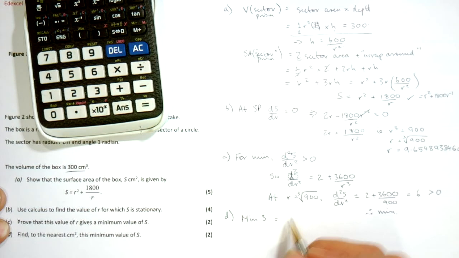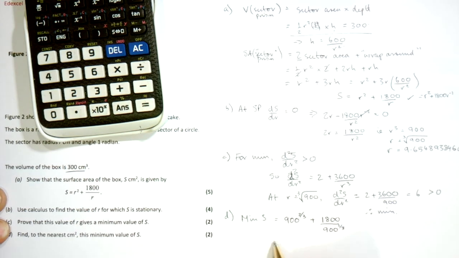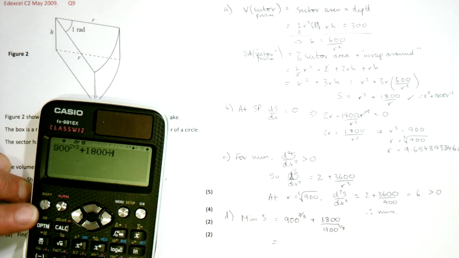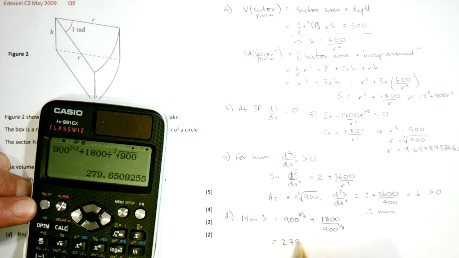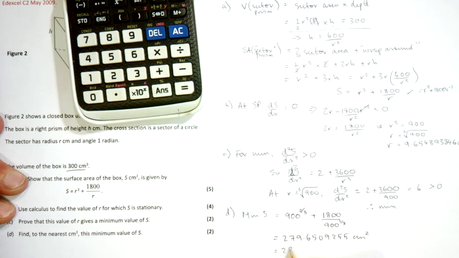So min s equals 900 to the power of 2/3 plus 1800 divided by 900 to the power of 1/3, and that's equal to 900 to the power of 2/3 plus 1800 divided by the cube root of 900, which equals 279.65 centimetres squared. To the nearest centimetre squared is 280.